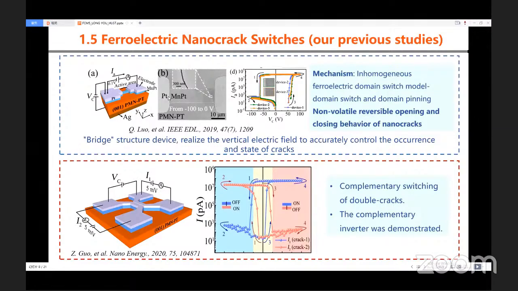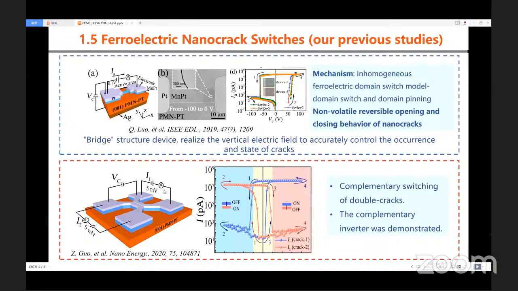This is due to the fact that the appearance of the cracks is regarded as the release of the elastic energy produced from domain switching, and this is related to the electric field distribution. The crack is easy to be induced in the location with high electric fields. Through designing the device patterns, non-uniform electric field distributions can be achieved.